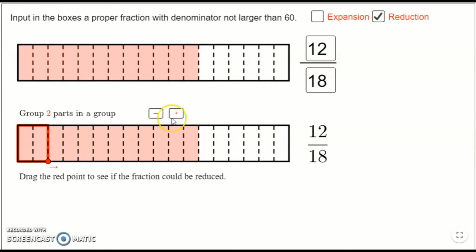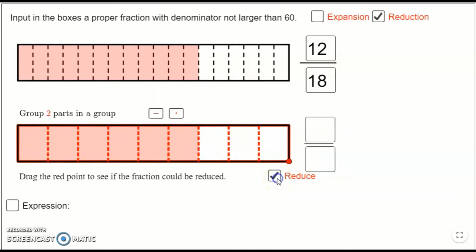Maybe I can group them together into 2s. Then I will get 1, 2, 3, 4, 5, 6, 7, 8, 9. 9 lots of 2 in 18, and also 1, 2, 3, 4, 5, 6 lots of 2 in 12. So I can reduce the fraction, I can simplify it.